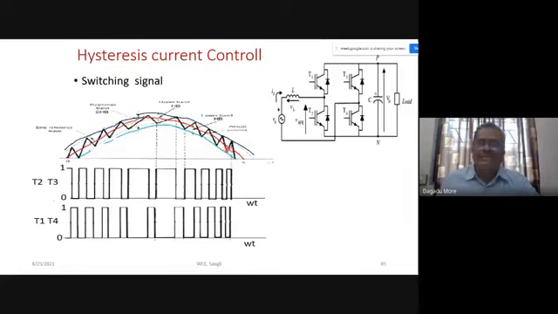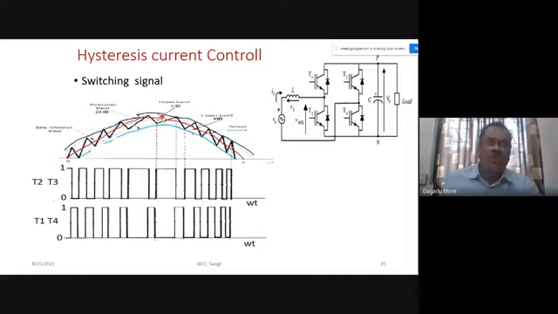If band is less, what will happen to the switching frequency? Suppose we make a band very small. Our switching will now become very fast. Is it right? It will reach to upper quickly, goes to the lower also quickly. When the hysteresis band is less, switching of device will be faster.